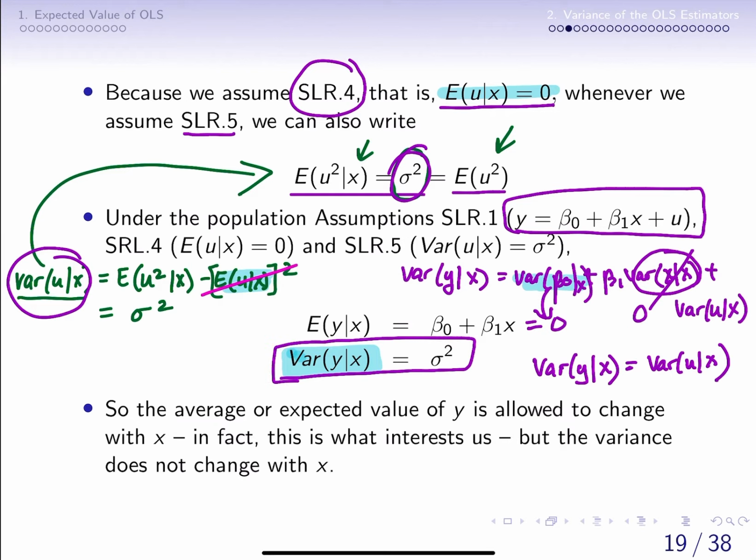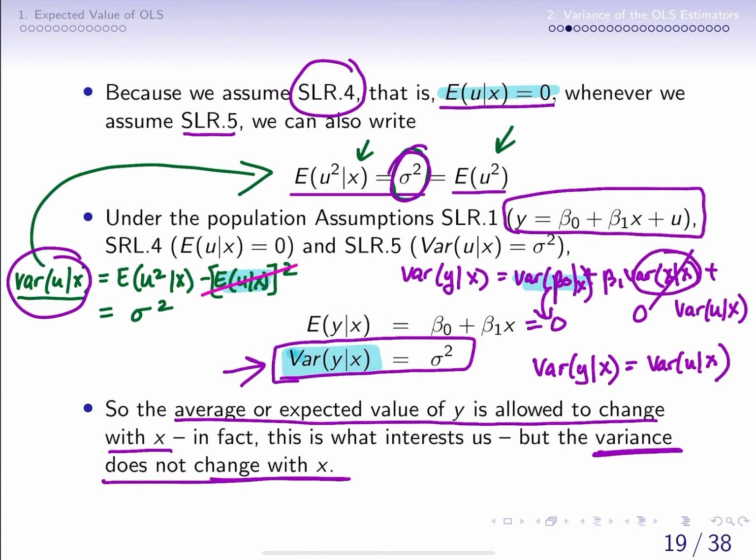Okay, so in other words, the average or expected value of y is allowed to change with x, which is what we want. We really want that y should be allowed to change with x, right, when we're thinking about the variation in y. But the variance itself does not change with x.